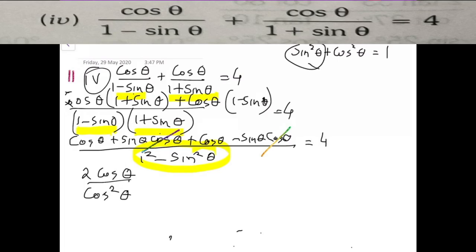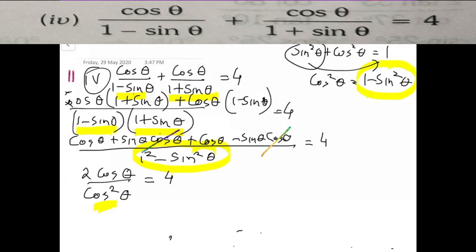Transferring sin square theta to the right side, cos square theta is equal to 1 minus sin square theta. This 1 minus sin square theta is what I have written as cos square theta, and on the right side you have 4.